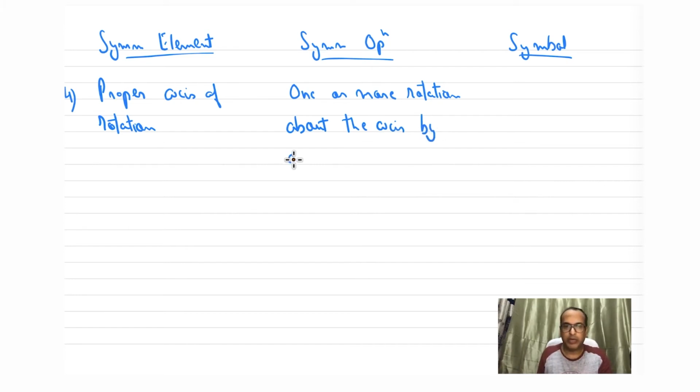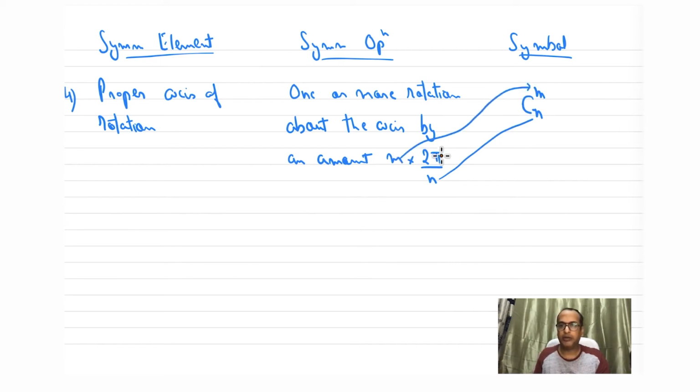You can also say by an amount m into 2 pi by n. We'll see in more detail what m and n are. The typical symbol is C n to the power m. So n is this n, 2 pi by n, and this m goes over here.